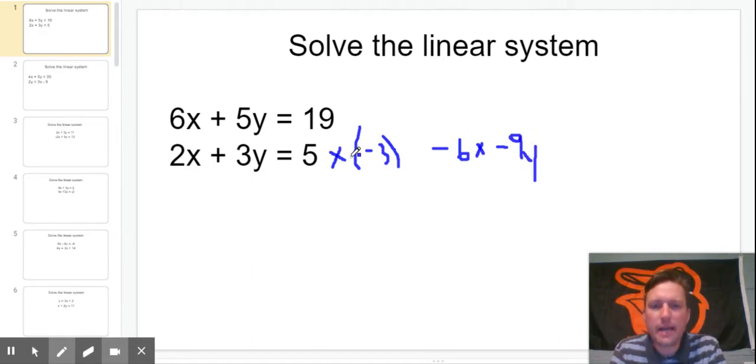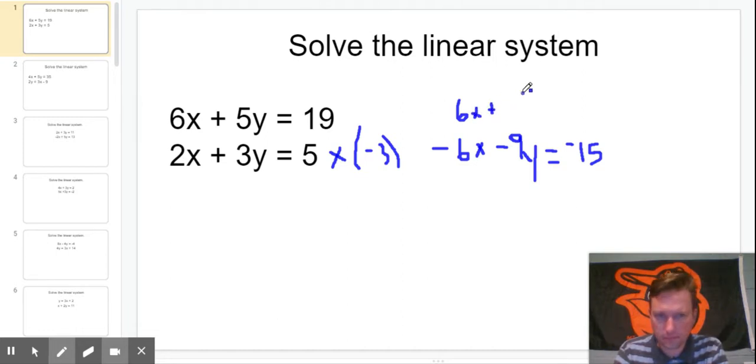And then negative 3 times 5 is going to give me negative 15. So I have now written an equivalent equation. And I'm going to keep my same equation that I had over here, 6x plus 5y equals 19. Now I'm ready to rock.